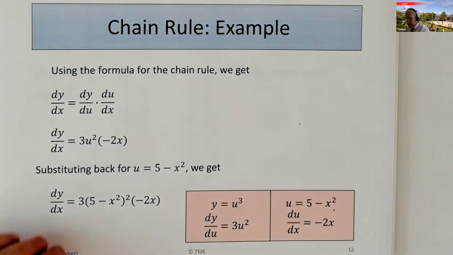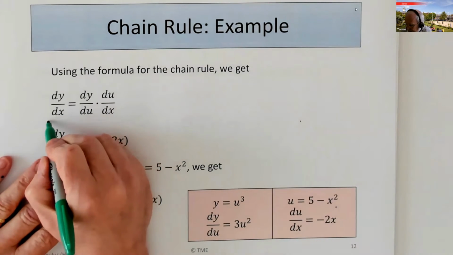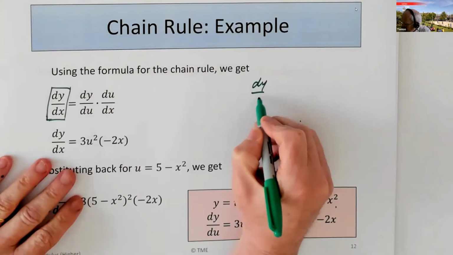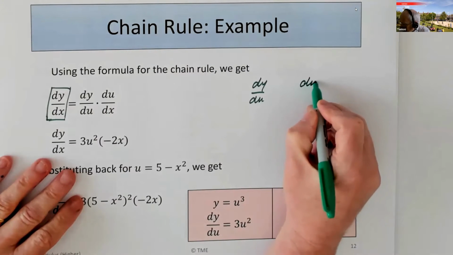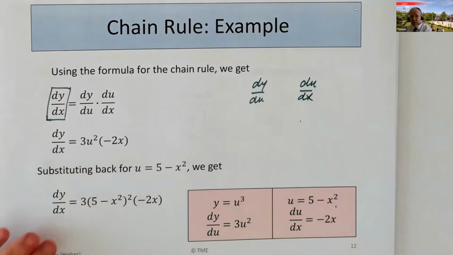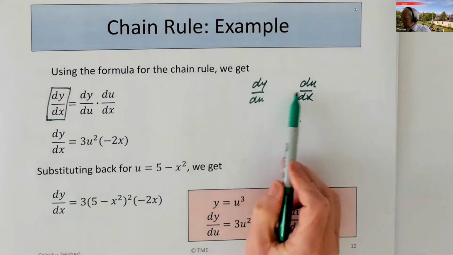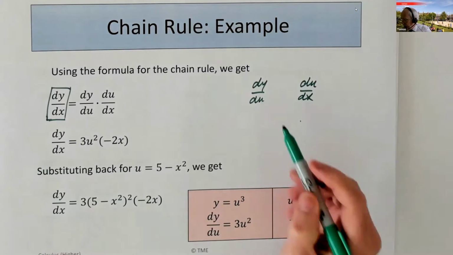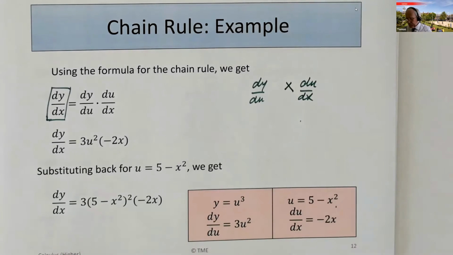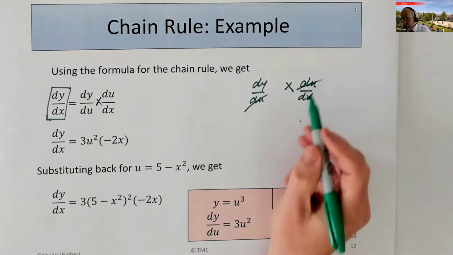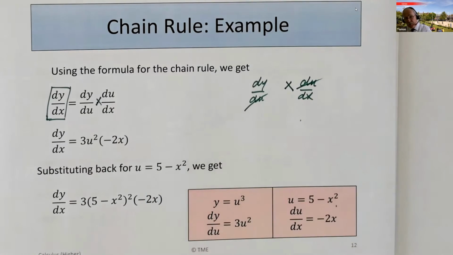Now, what I'm trying to do here is calculate dy dx. But all I have is dy du and du dx. And if you look at the two of those, that's dy du, that's du dx, if I multiplied those by each other, the bits on the bottom would cross out, and on the top, the du and the du would cross out.